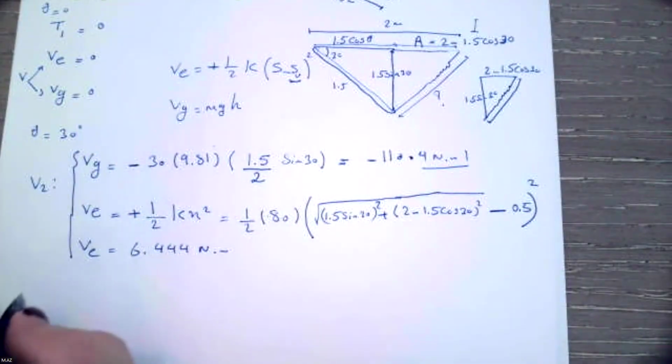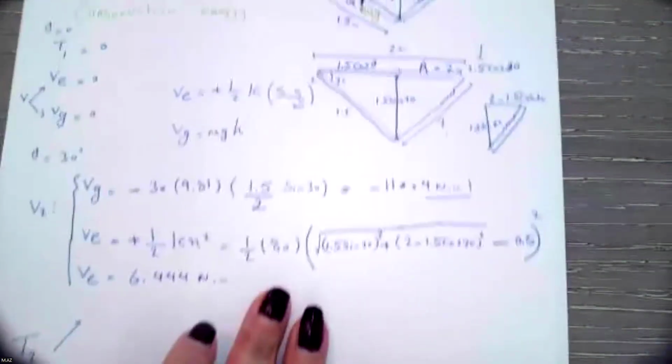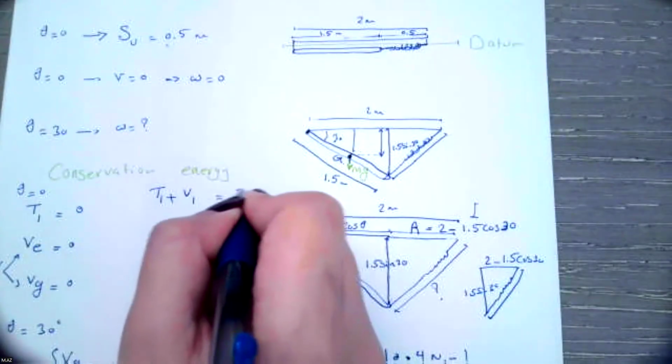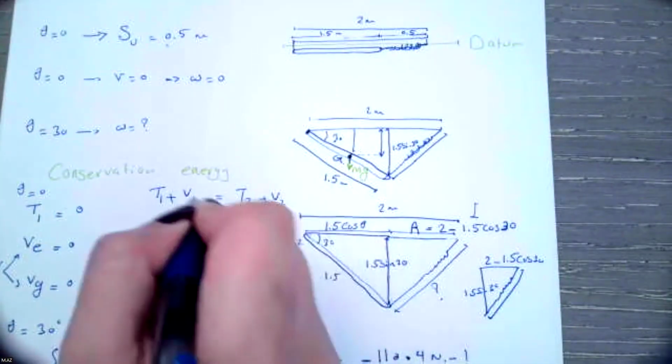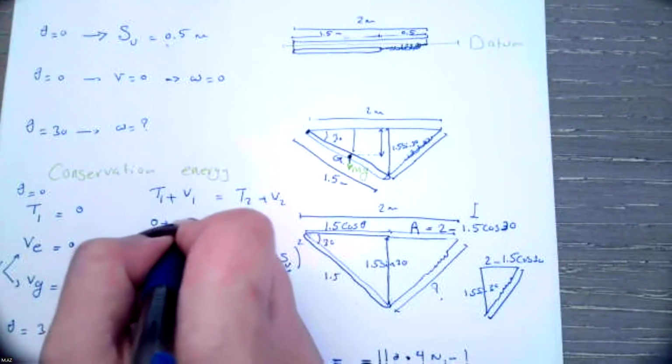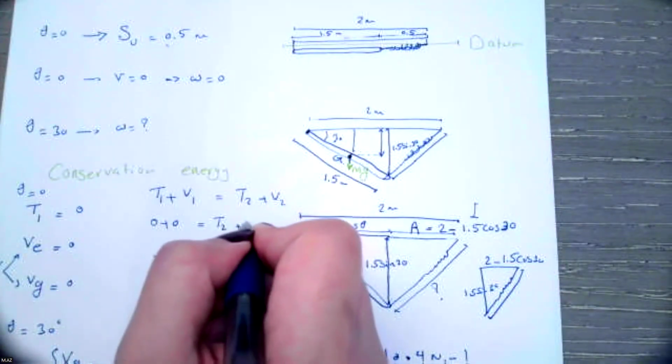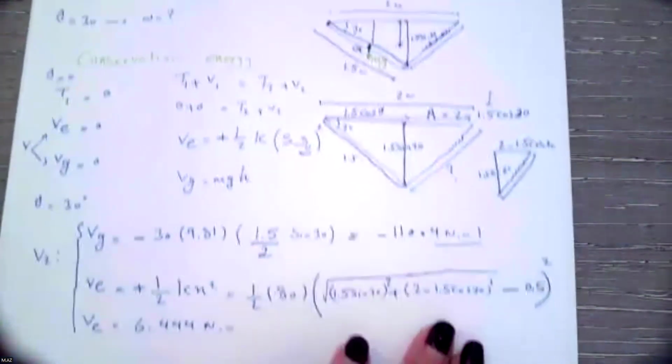The next one, we should find the kinetic energy. For kinetic energy, in general, we have two parts. Let me write the whole equation: T1, V1, T2, V2. These two parts are 0. Now we have to find T2 and V2.